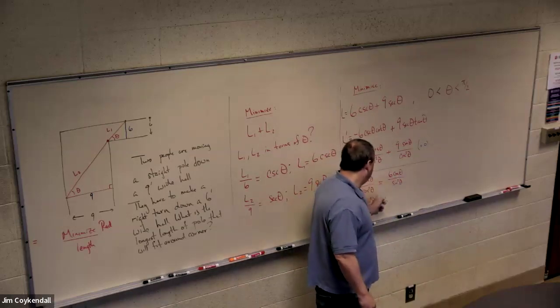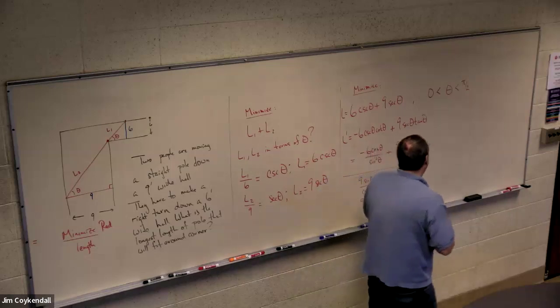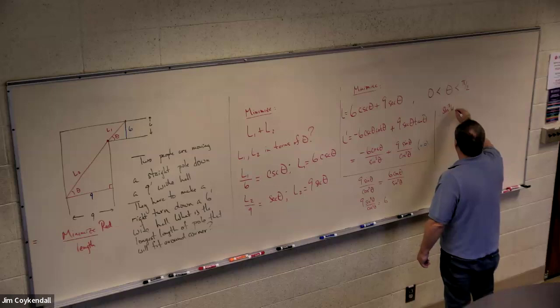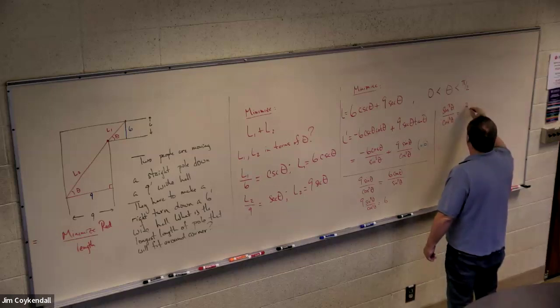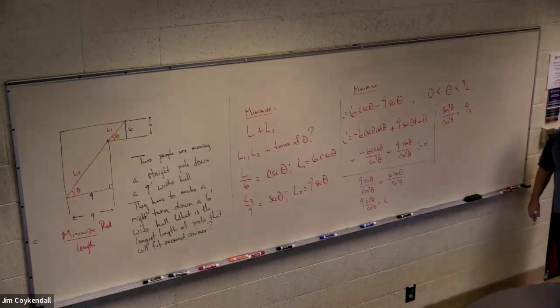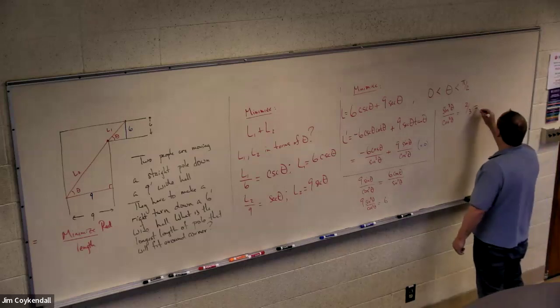So sine cubed theta over cosine cubed theta is equal to 2/3. And this is tangent.